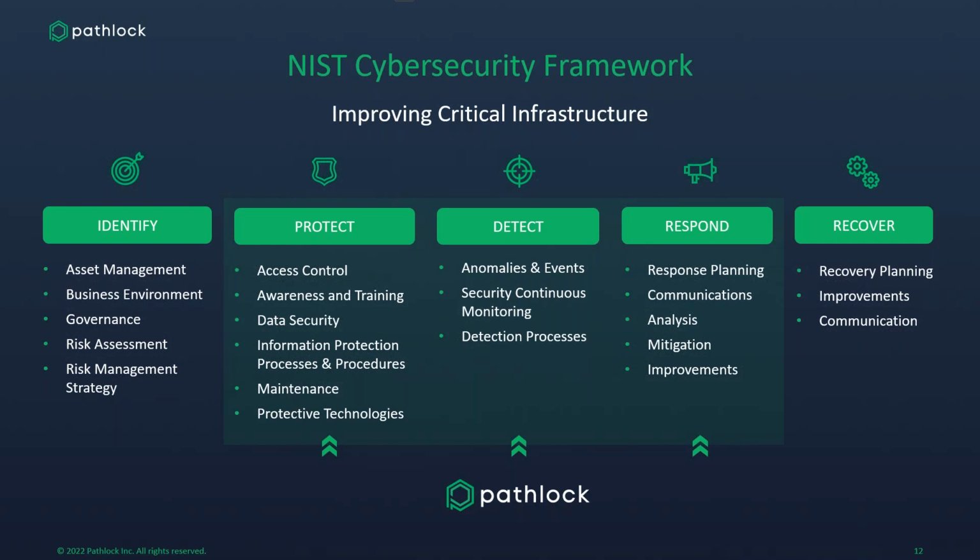First, you need to identify that there is something to do. You need to make some asset management, some risk assessment, and you need a strategy behind it. This needs to be done first, and if you have such a strategy, if you have some idea of your threats, you need to protect yourself.